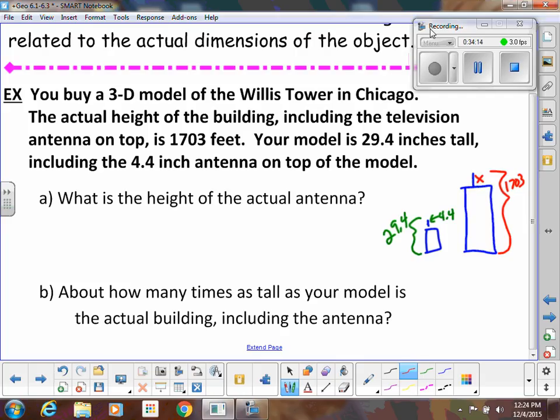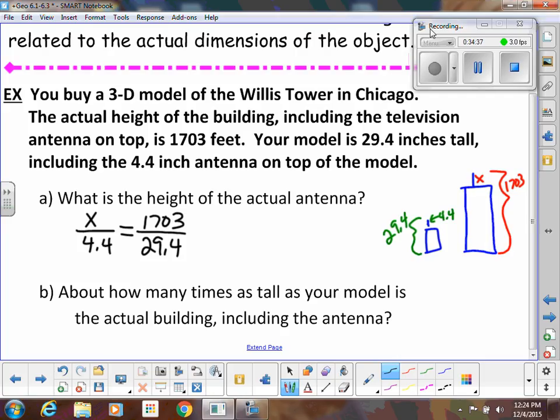Okay, so we're just going to set up a proportion. All right, so I'm going to put x, the actual antenna, over the model antenna, 4.4. And that's going to be equal to 1703 over the 29.4. Those are the total heights with actual and then the model one.